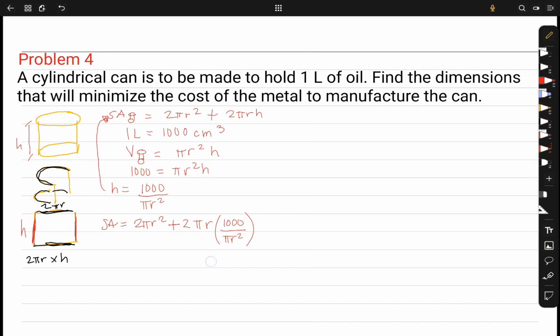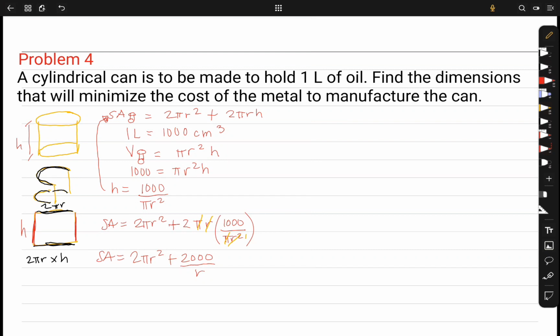So, simplify lang muna natin. SA natin is 2 pi r squared plus, so, meron tayong pi, cancel yon, r dito. So, dito may matitira pa tayong isang r. Tapos, multiply natin yan. So, that would be 2,000 all over r. Kasi may natira tayong r sa ibaba.